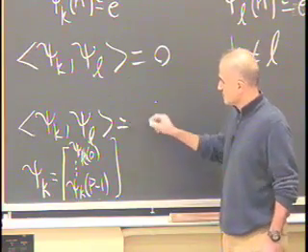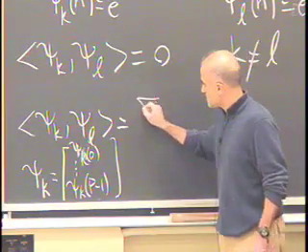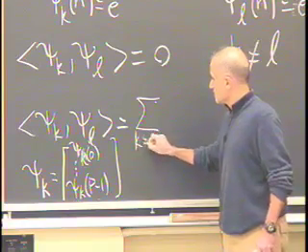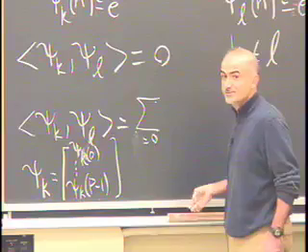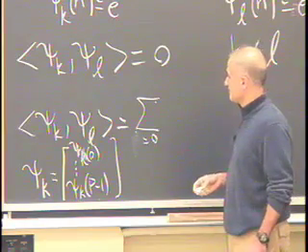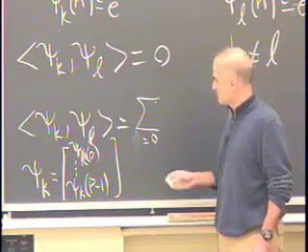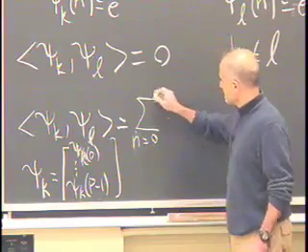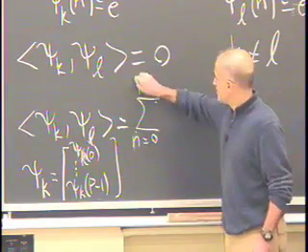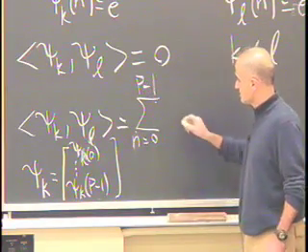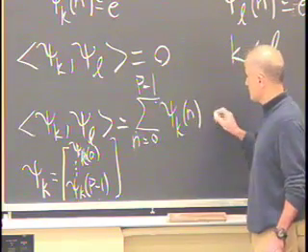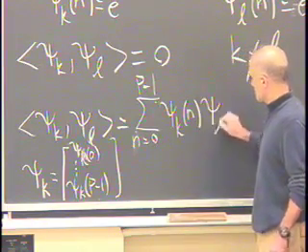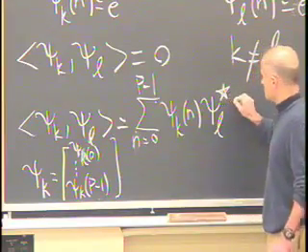So, summation, that would be summation over n or k? N, from 0 to p minus 1, Ckn conjugate.